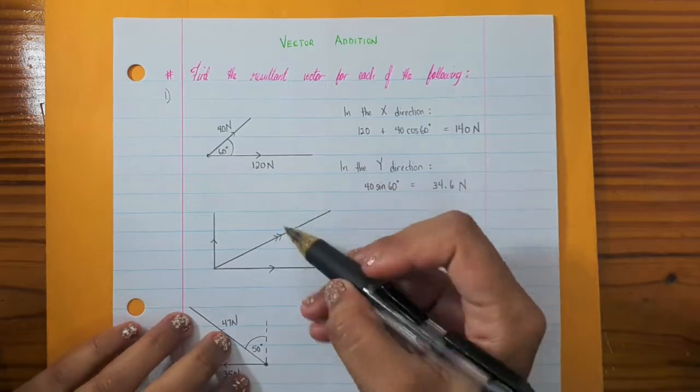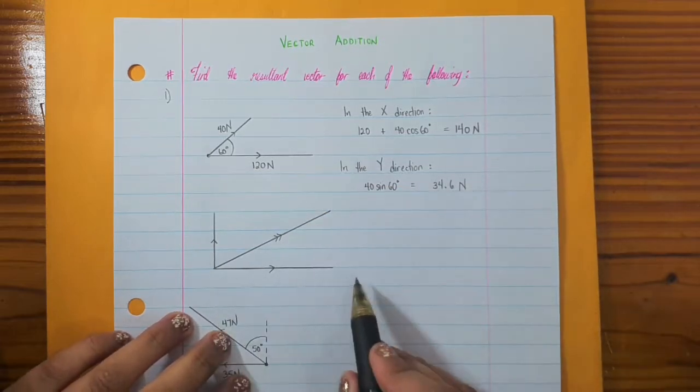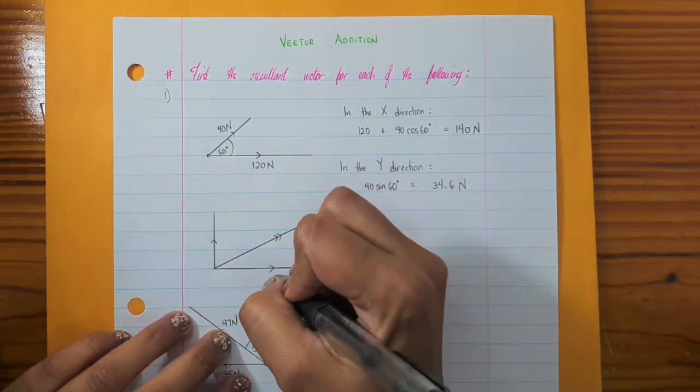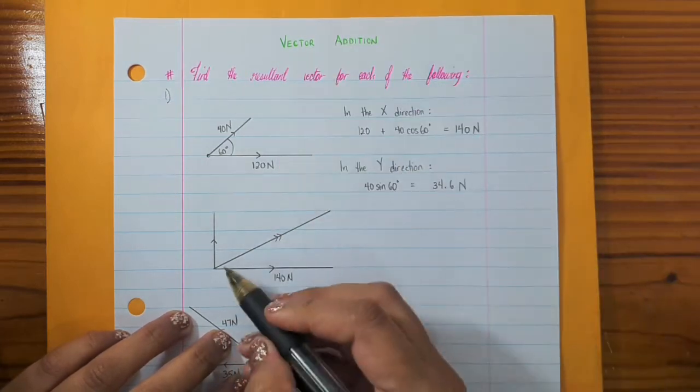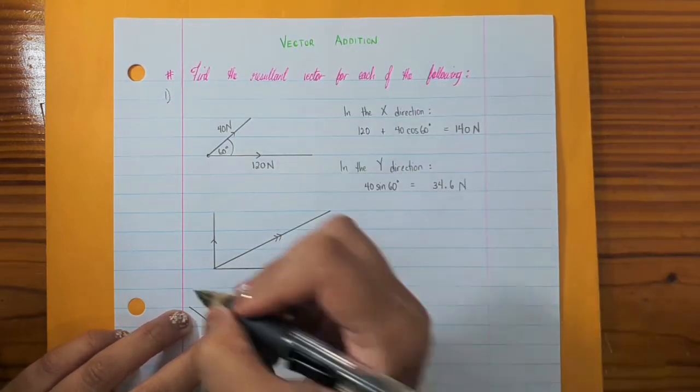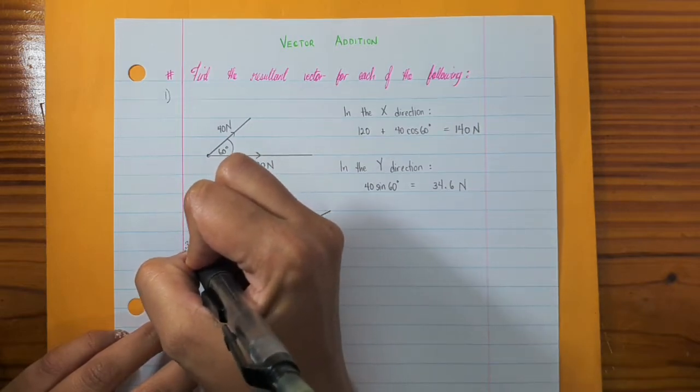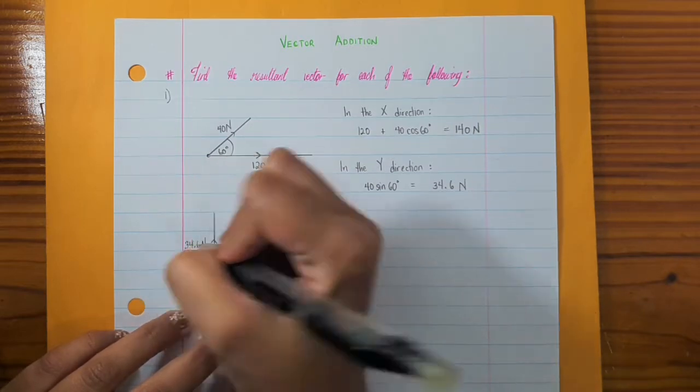Okay, so this is my resultant. The horizontal vector is 140. The vertical vector is a lot smaller, so I drew it a bit shorter. It's 34.6 newtons.